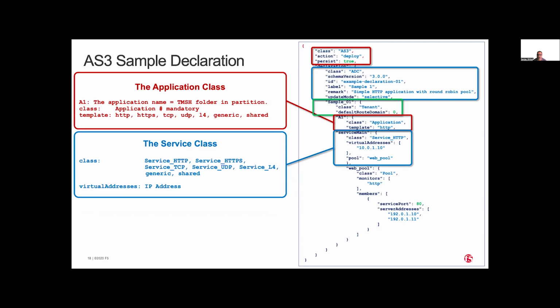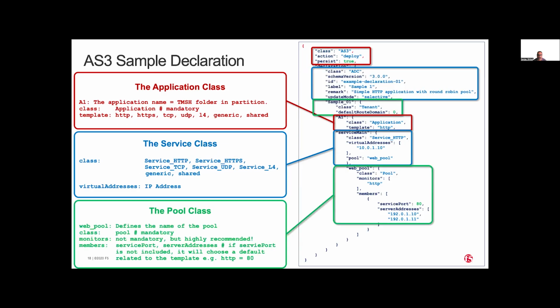And then that has to map to the service class which you are defining. So again, if you are doing HTTP, then under that HTTP, what is the service class, which will define the virtual IP address, and pool members, and so on.